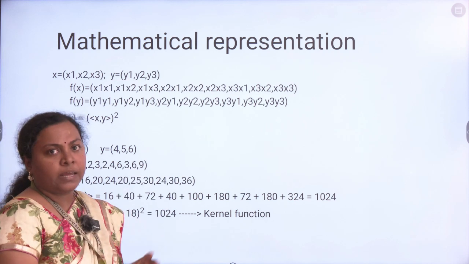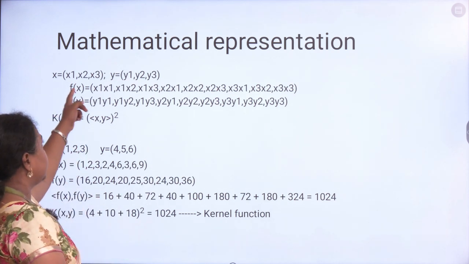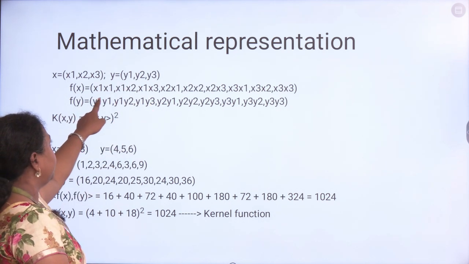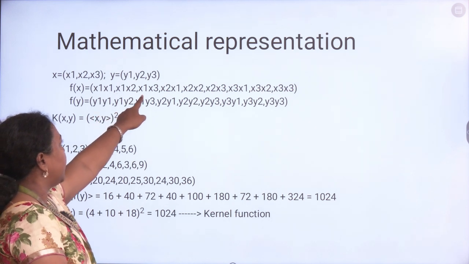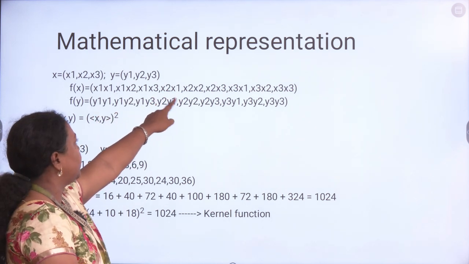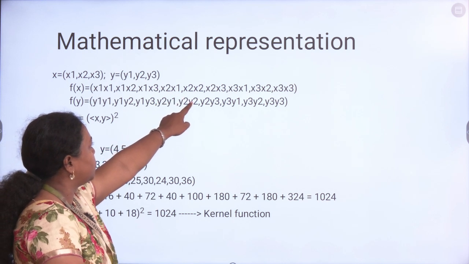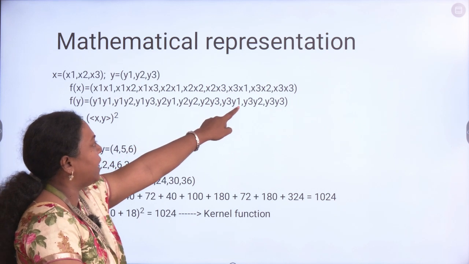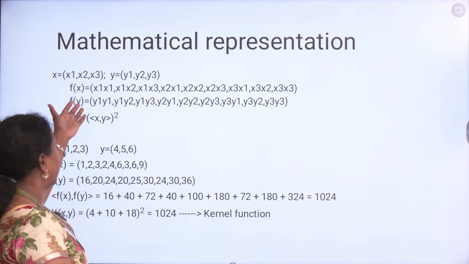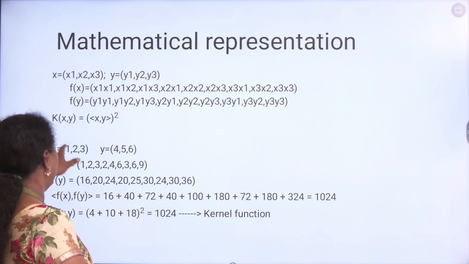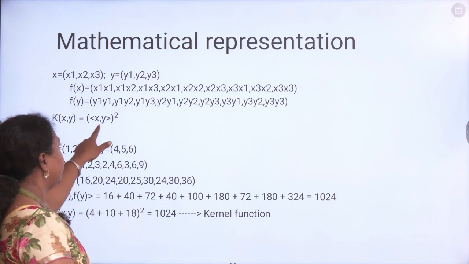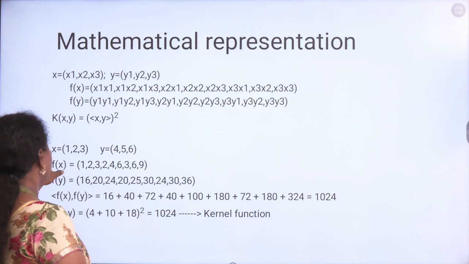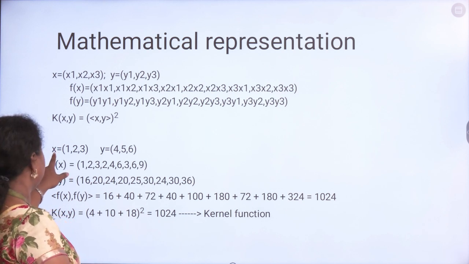We will see this with an example. x is equal to x1, x2, x3, y is equal to y1, y2, y3, and f of x will be x1x1, x1x2, x1x3, and in the same way x2x1, x2x2, x2x3, then x3x1, x3x2 and x3x3. Likewise, it will have the multiplications for f of y also. So the kernel of x comma y will be the dot product of x and y to the power of 2. We'll have a numerical example here.